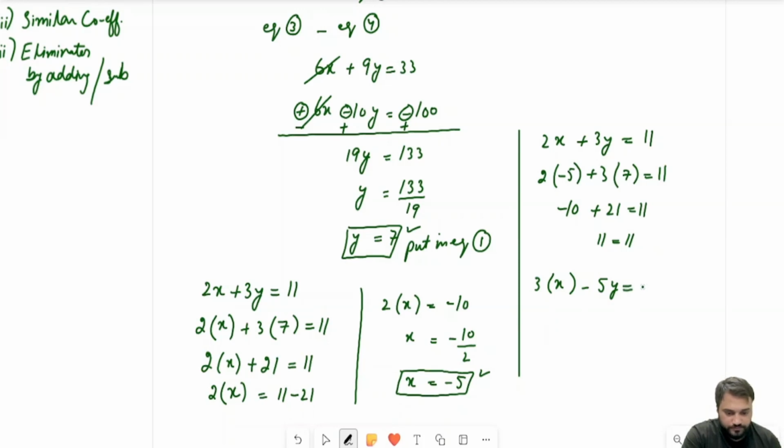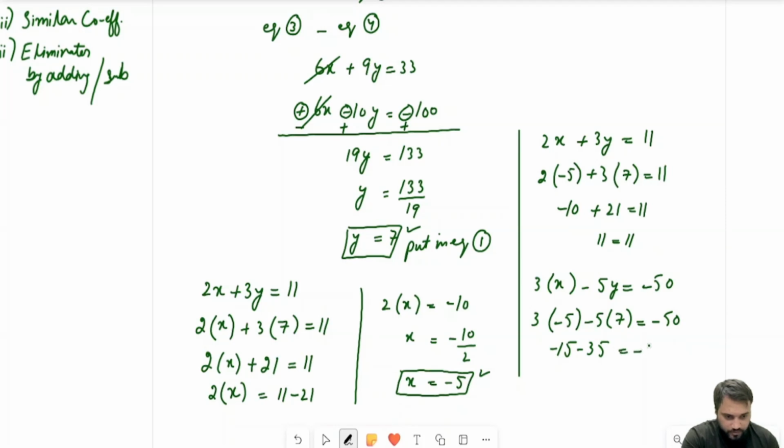Equal to minus 50. This is our second equation. We are going to put the value of x, minus 5, and the value of y, 7. Minus 50 remains the same. 3 into minus 5, minus 15. 5 into 7, 35.